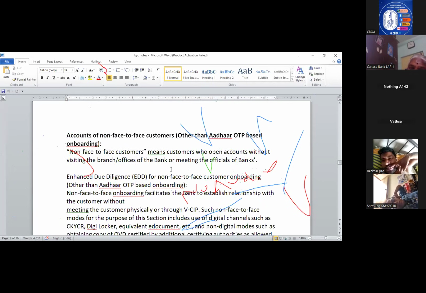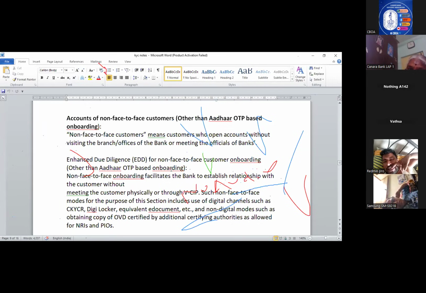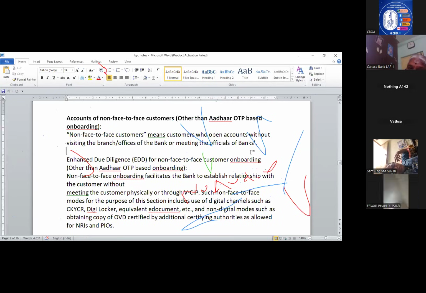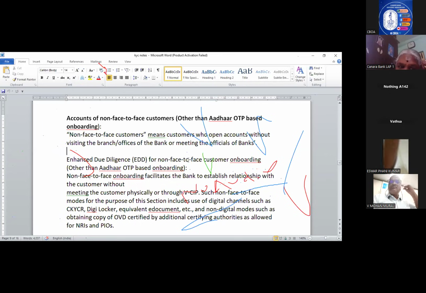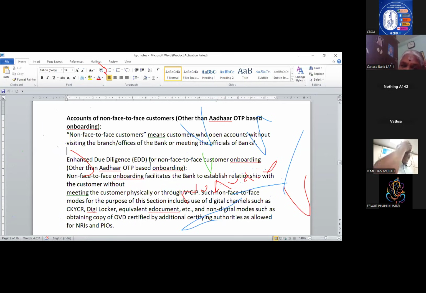Then accounts of non-face-to-face customers, other than Aadhaar OTP based onboarding. That means customers not visiting the branch or offices of the bank or meeting the officials of the bank. Enhanced due diligence for non-face-to-face customers has to be done.